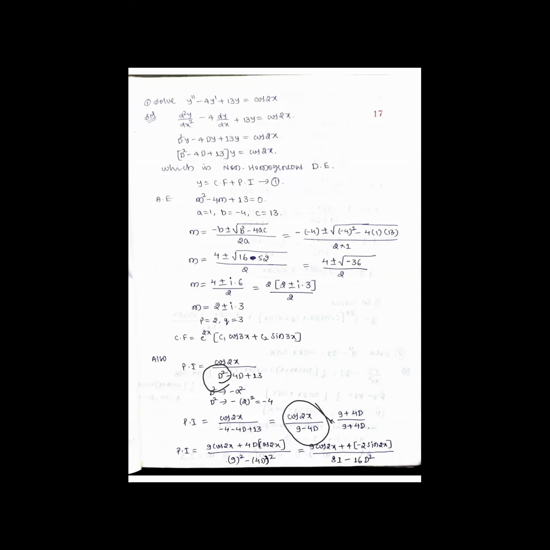So we have to do the rationalization of the denominator. That is multiplying by 9 plus 4D, the opposite sign of 9 minus 4D. Minus 4D is there, so here plus 4D. I'm doing the rationalization now.